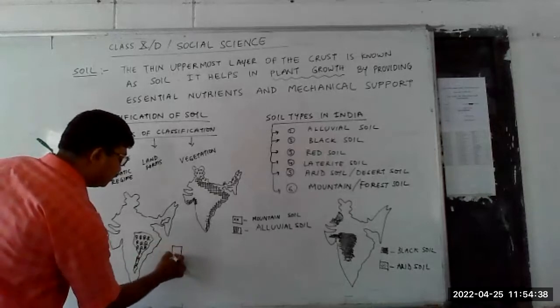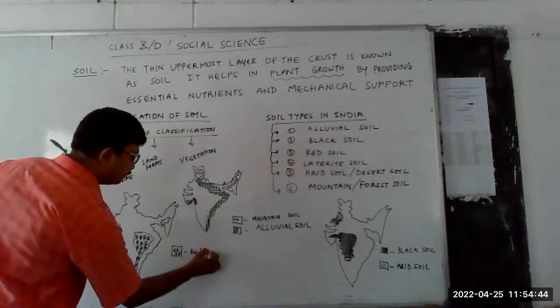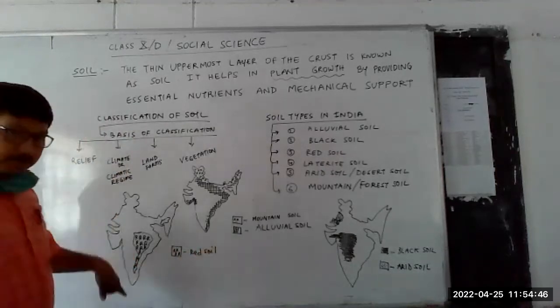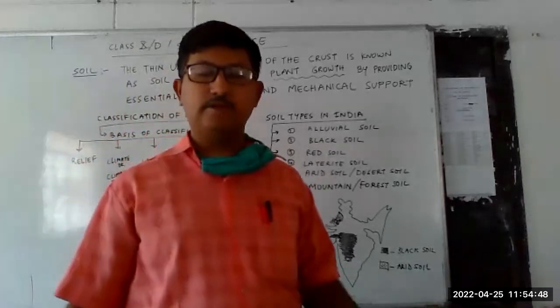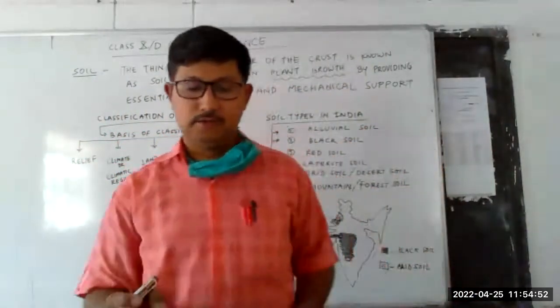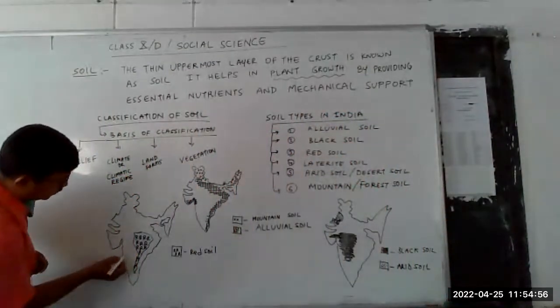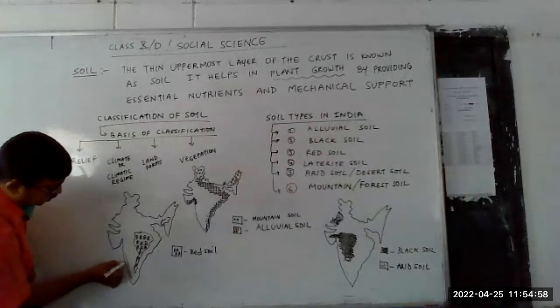So R for red soil. And within red soil, we will get some pockets of laterite soil. So some pockets of laterite soil are found here in the top of the Western Ghats.